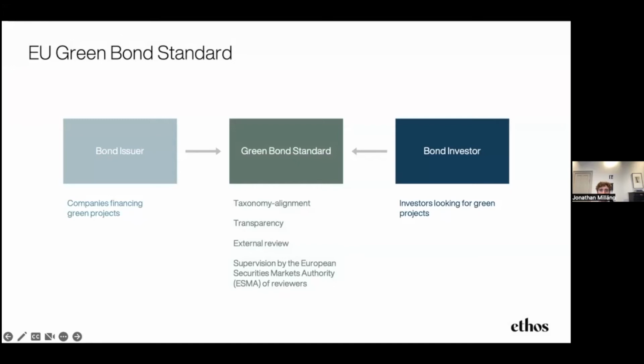In order to issue a green bond, you need to align the activity that you're going to finance, and then you need to go through the whole process. As Ida was saying, this means that you need to comply with the minimum safeguards as well in order to issue a green bond. When you have minimum safeguards in place, you can then look into what activity is actually aligned with the EU taxonomy.